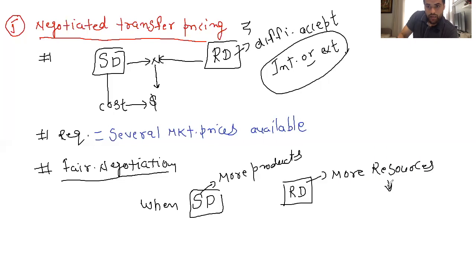More resources mean more contacts to get the price. The supplying division has a large amount of products, which means it really wants to sell them. But the receiving division has multiple options available. All right. So this is kind of an unfair situation for the supplying division.